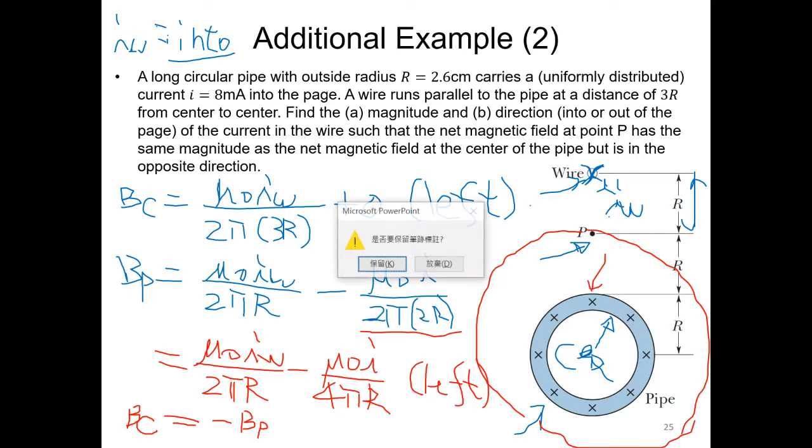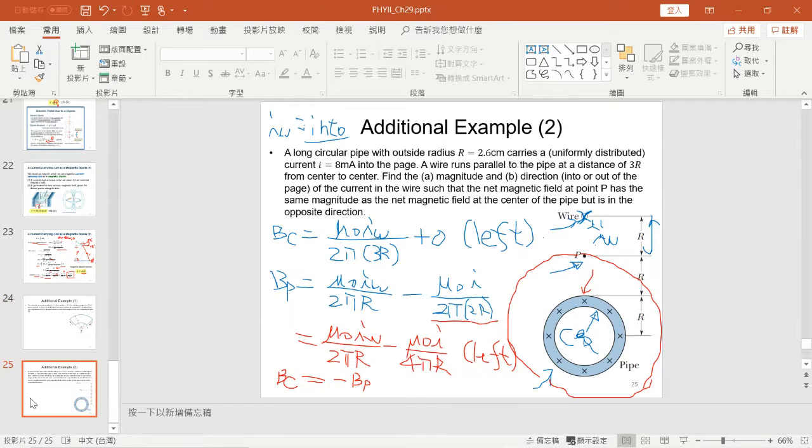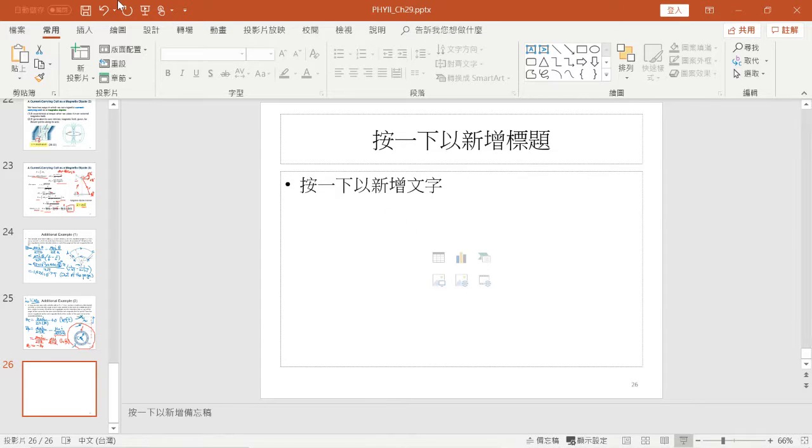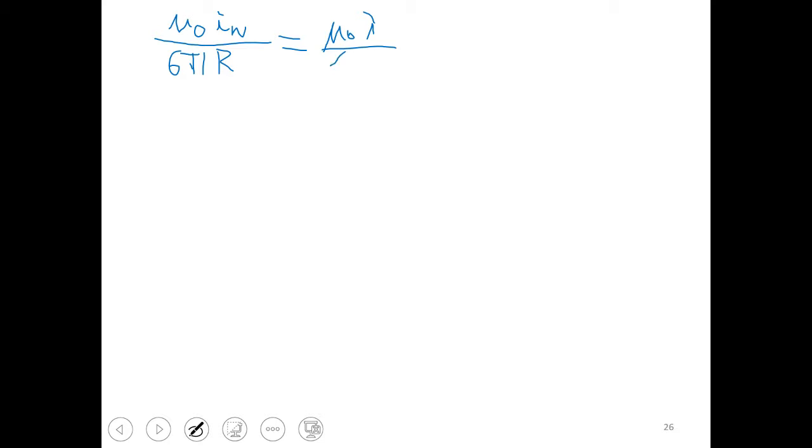So I open a new page. We can write it like mu_0 I_W over 6 pi R equals mu_0 I over 4 pi R minus mu_0 I_W over 2 pi R. So we move the term to the left.